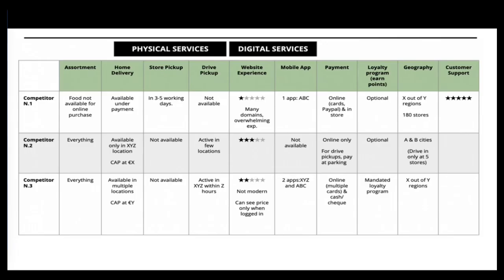So here's the first example. You can see here they did just a very basic grid layout. They compared their product to 3 competitors. As you can see, it really depends on what your product is. Like for here, they did assortment, home delivery, store pickup. So it kind of sounds like this could be an e-commerce site that they might have been comparing it to.